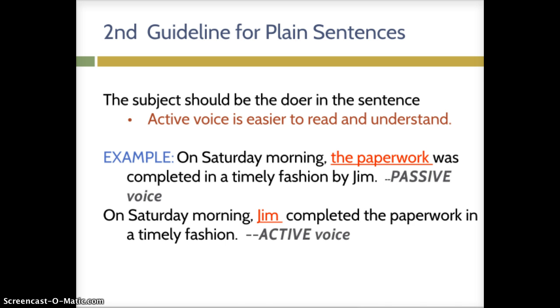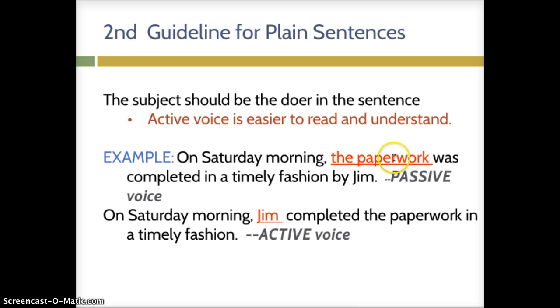The second guideline for plain sentences is that the subject should be the doer in the sentence. In other words, active voice is easier to read and understand. The first example is not an example of active voice, it's an example of passive voice. On Saturday morning, the paperwork was completed in a timely fashion by Jim.